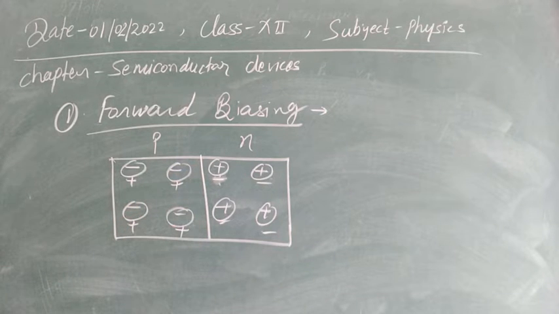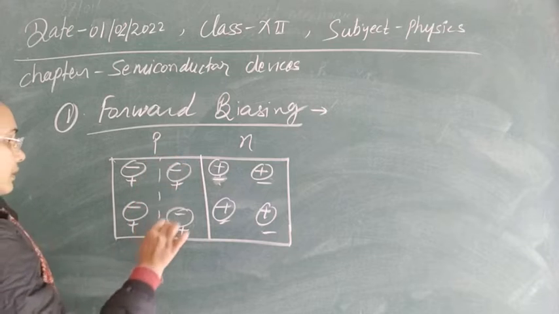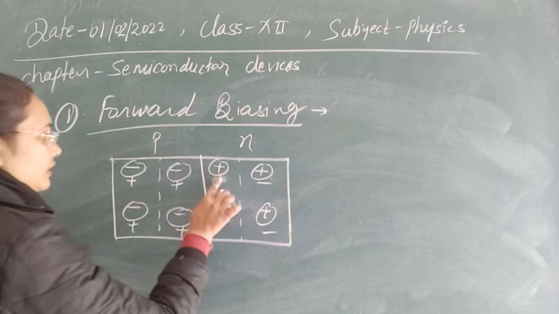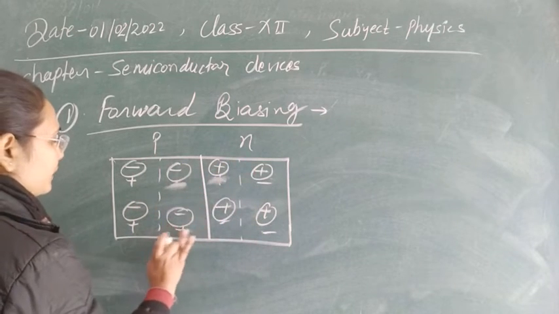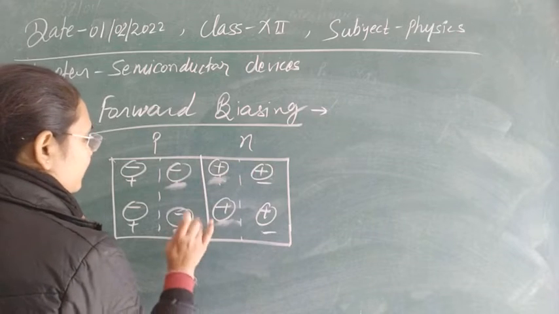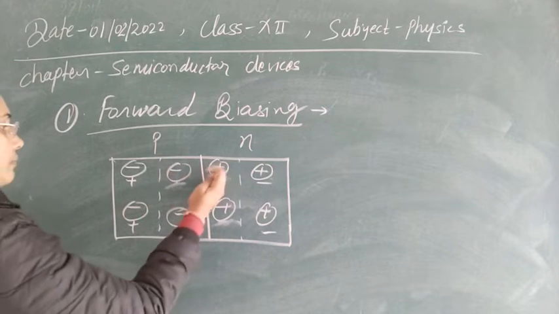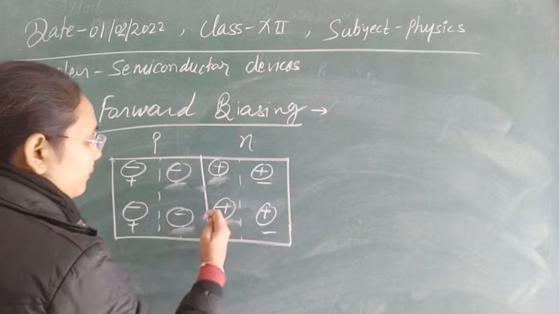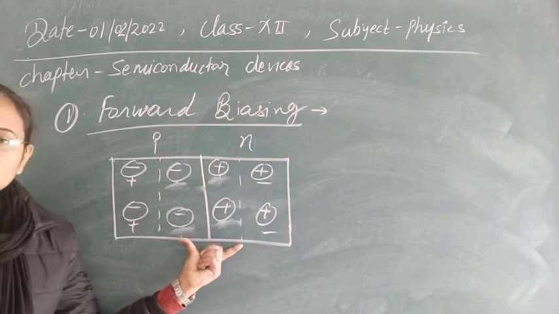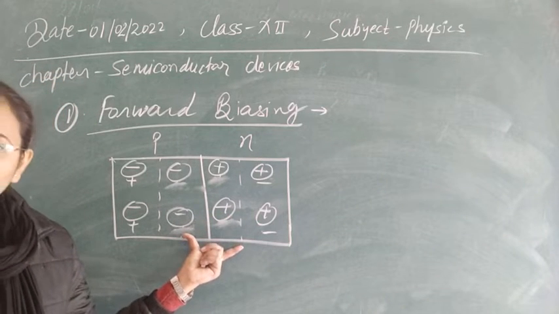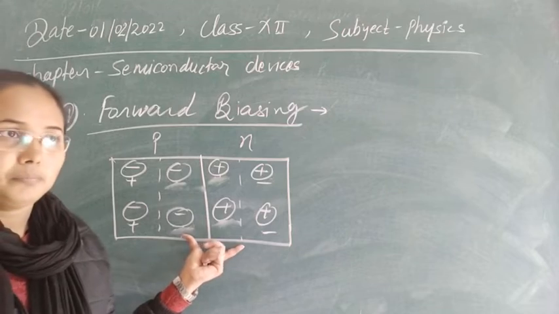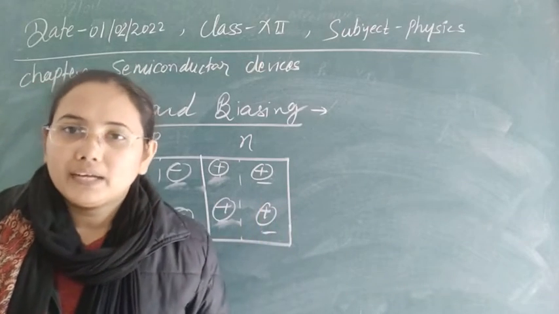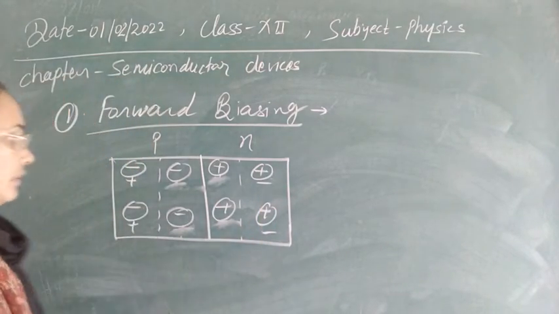And when the depletion region is formed, these electrons and holes disappear from here because the electron is filling the vacancy. So this is the construction up to the process where the depletion region is formed and we are not applying any battery or any electrical energy to the diode.